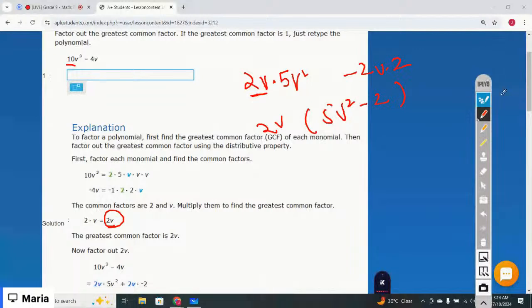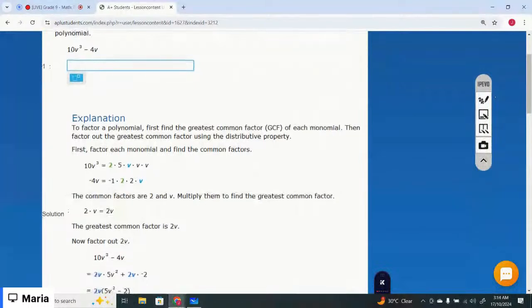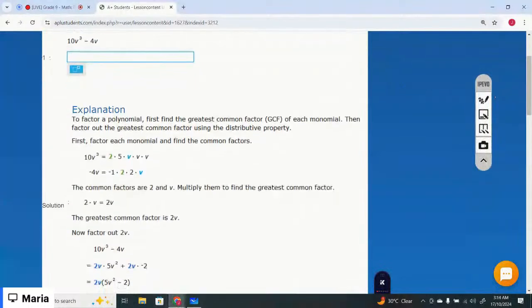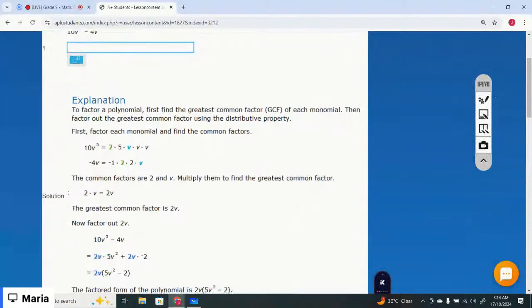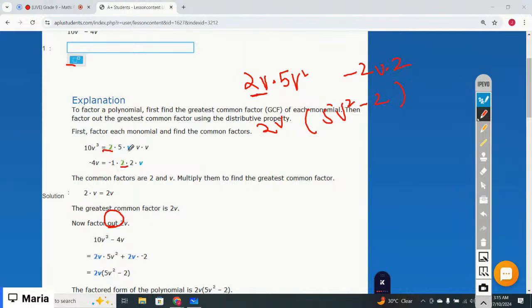So the correct option is: you have 2 common and a v common, so you can write it as 2v times 5v squared minus 2.